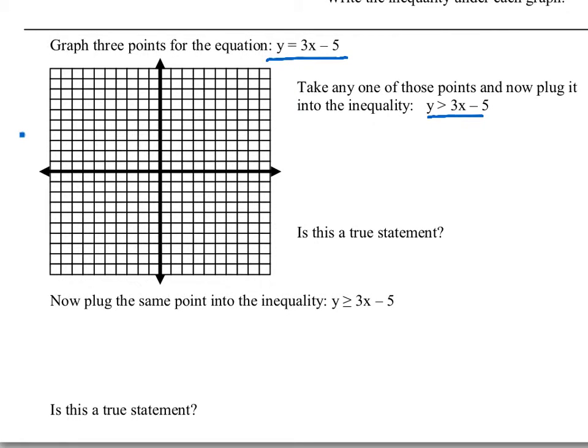Once you do that, I want you to tell me whether the statements that you get after you plug them in are true or not. Okay? Graph 3 points, plug 2 of them in, tell me whether they are true statements or not.